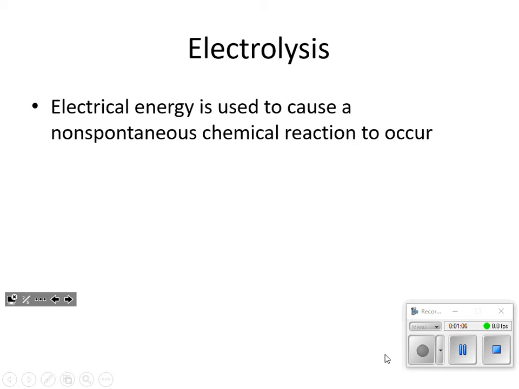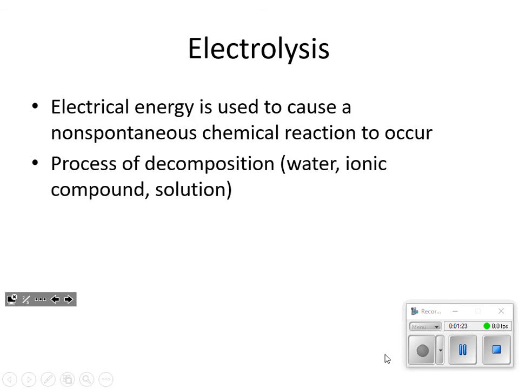Electrolysis, we are going to force something to react. It's almost like it's endothermic, where we have to add a whole bunch of heat in order to make this reaction occur. Well, we're adding a different type of energy. We're adding electrical energy in order to make this reaction occur. I believe the original definition of electrolysis was dealing with the decomposition of water.